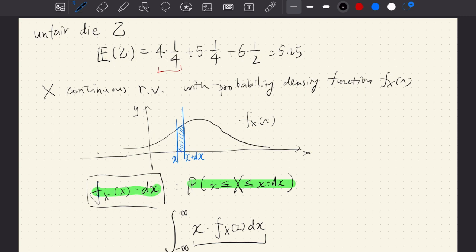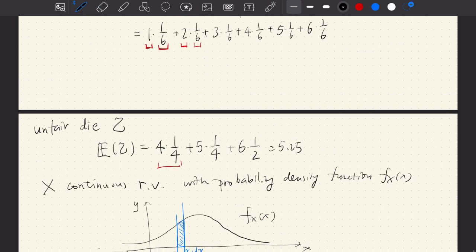So this is the definition for the expected value of X when X is a continuous random variable. You integrate x times f_X(x), which is its probability density function, from negative infinity to positive infinity, and then you get the expectation.